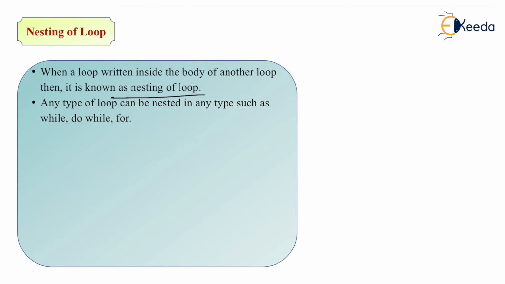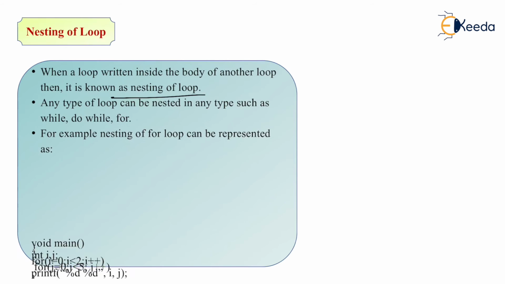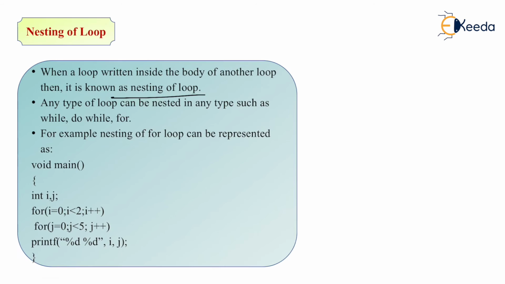For example, nesting of for loop can be represented as: int i, j, for i is equal to 0, i is less than 2, i plus plus. For j is equal to 0, j is less than 5, j plus plus. And we are displaying the values of i and j depending upon the execution, right?